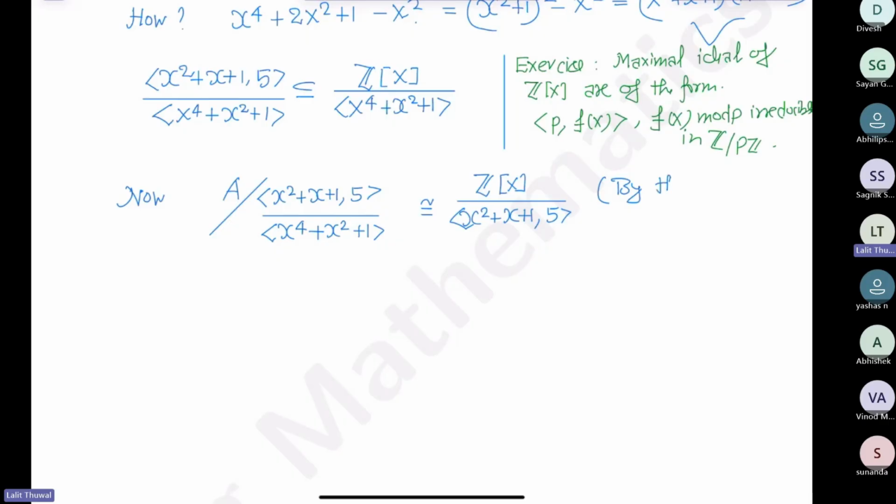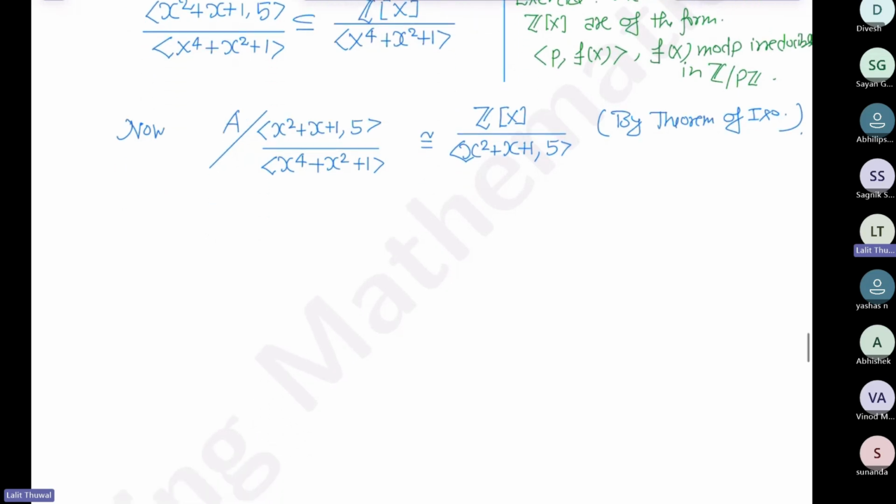You might call it something else, so I just write here by the theorem of isomorphism. You know about it, right? You read about it when you learned the correspondence theorem.